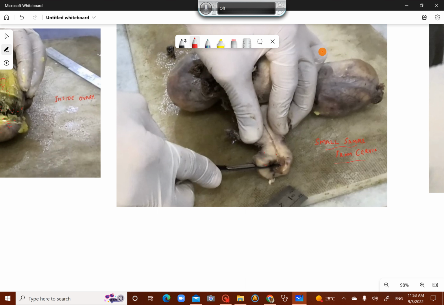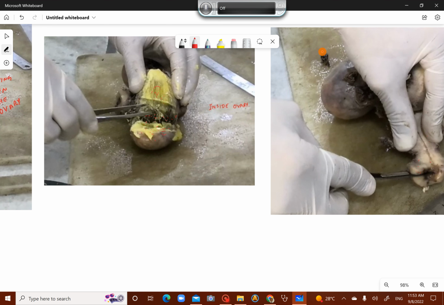You may also take some tissue from the myometrium if need be, or similarly from the ovary to make sure that the skin lining is there.